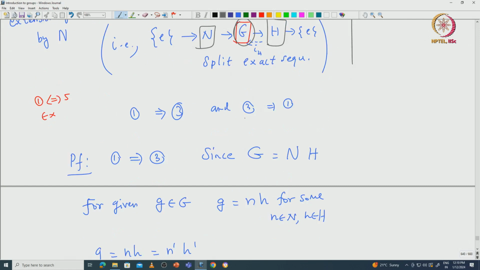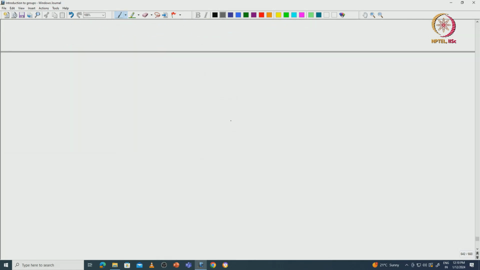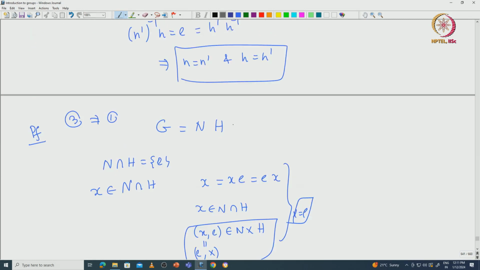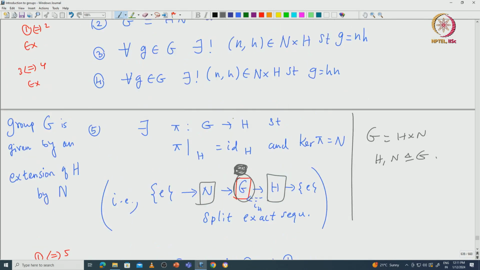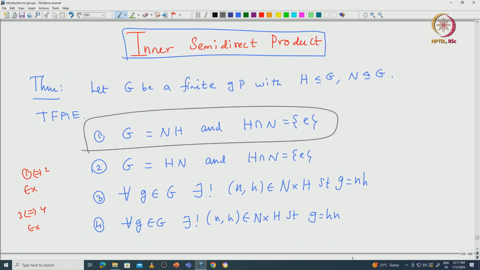Once we understand the inner semi-direct product, we will be able to understand how to construct the external semi-direct product. So what I mean by that, once you are in the situation that G is the semi-direct product of H and N, what other properties of this G can be recovered?